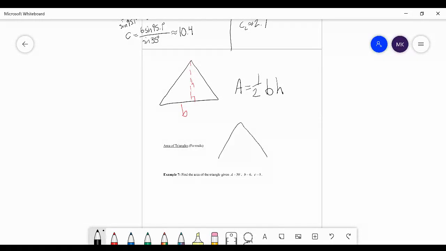But what if we have some triangle in the standard position, with alpha, beta, gamma, and sides C, B, A, and we have this height here? Well, to find the area of this triangle, I need to know the height.